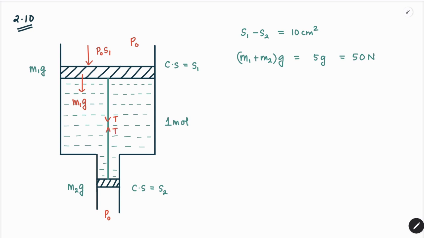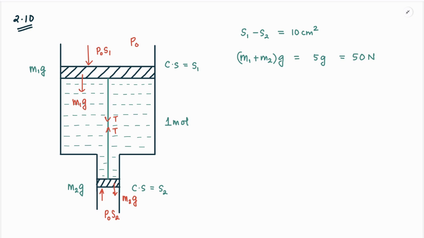The two will be equal and opposite in nature according to Newton's third law of motion. Over here the atmospheric pressure will exert a force P0 times S2. The weight of the piston M2G is in the downward direction. And we can understand this situation like this.